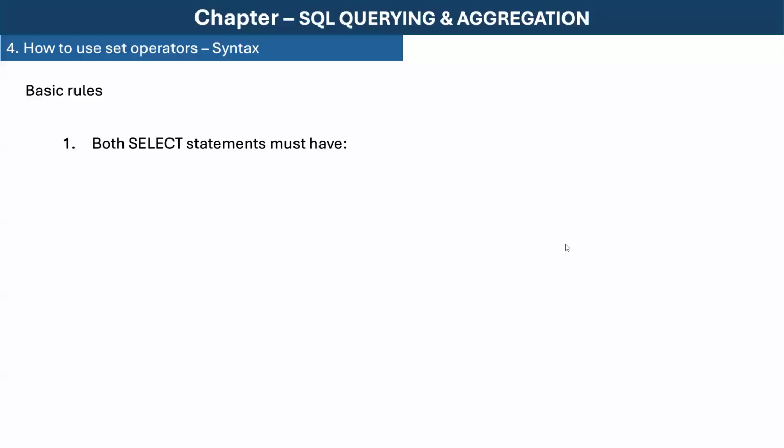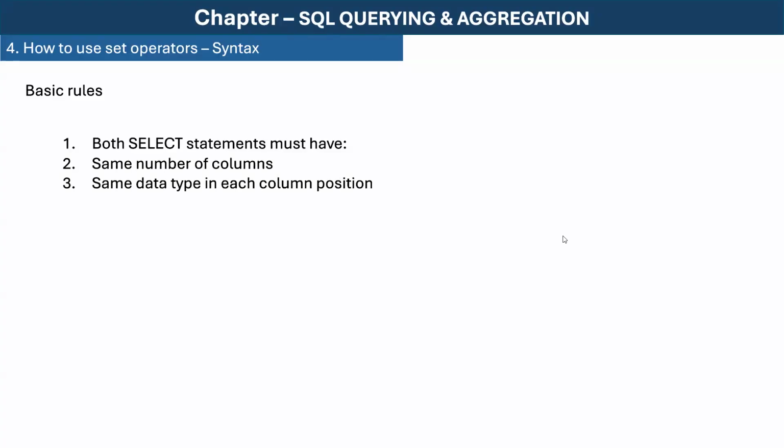Okay. Now, guys, the basic rules. This is what I was talking about earlier. Both select statements must have the same number of columns, the same data type in each column position, and the order should be the same. I hope these rules are clear, everyone.